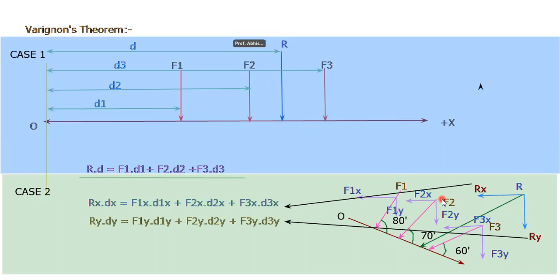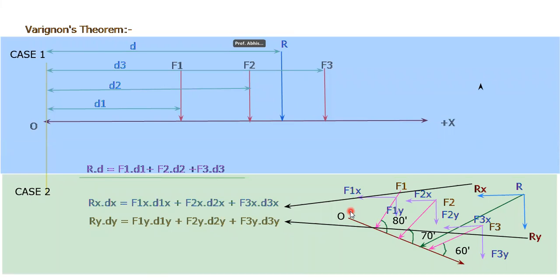Similarly, for f2x, you have to calculate the distance from this point O. You have to extend this line. Remember one thing, that whenever we are going to calculate the distance of the force, we can extend that force. You can extend this f2 up to a certain level, and then you take this distance from the point O. Whenever we are going to calculate the moments, at that point we have to extend these forces.